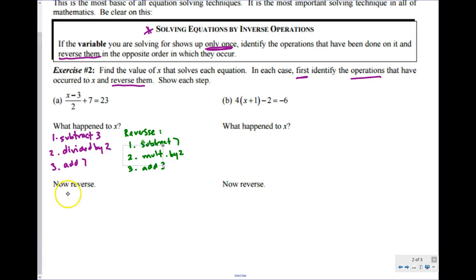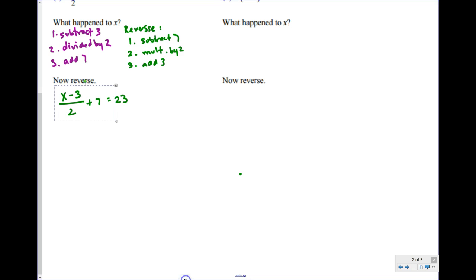So I'm going to rewrite the equation, (x − 3)/2 + 7 = 23. The first step was to subtract 7, so minus 7 on both sides. These cancel out. (x − 3)/2 = 23 minus 7, which is 16. What's the next step?